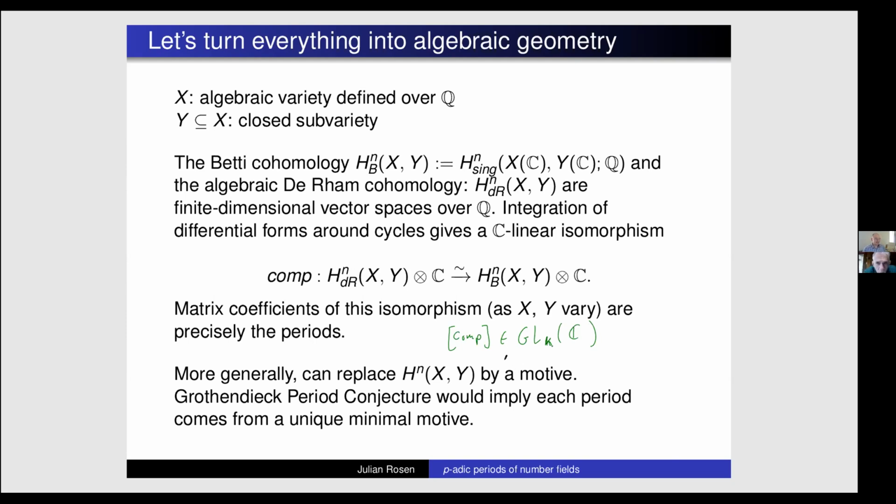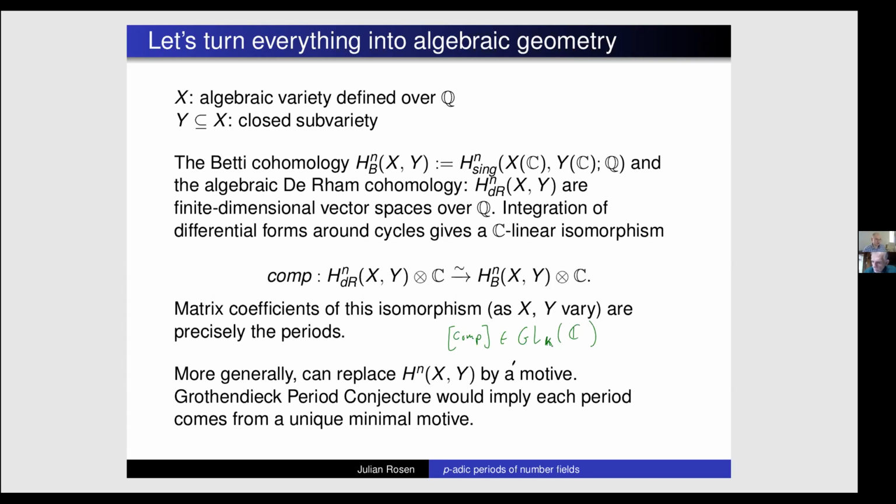Okay, and then the Grothendieck period conjecture says that given a number that is a period, one can write down a motive that has that number as a period, but the minimal motive where that period occurs is well defined up to isomorphism. This is a consequence of this conjecture. So for any given period, there is a unique minimal motive that it comes from.